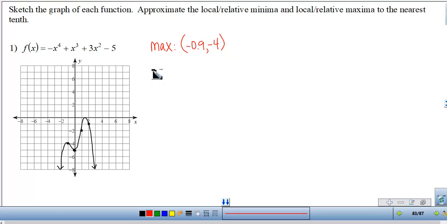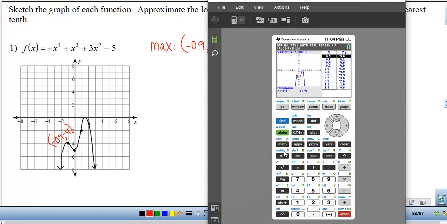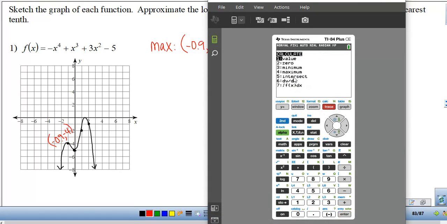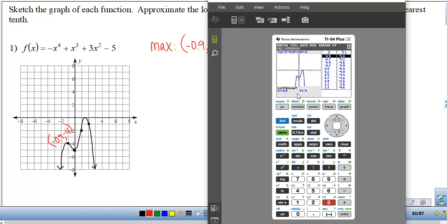If you want to write that on the graph at this point, you can do that also. So we found this first location. This next one, we're going to look for this minimum. We'll use the calculator again to do this. Go to second, trace, but this time select number 3. The calculator tells us to be on the left of this point.